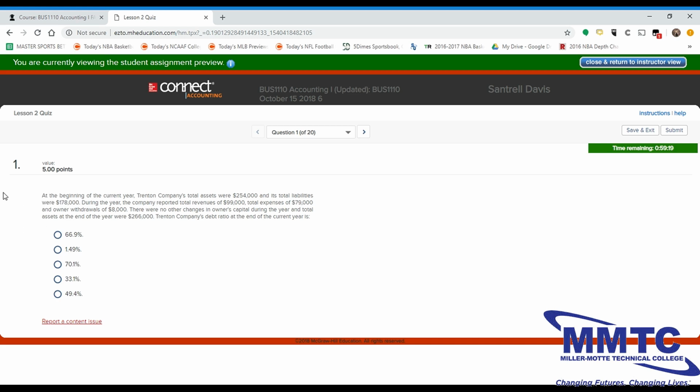Let's go. At the beginning of the current year, the trading company's total assets were $250,000. Total liabilities were $178,000. During the year, the company reported total revenues of $99,000. Total expenses were $79,000.